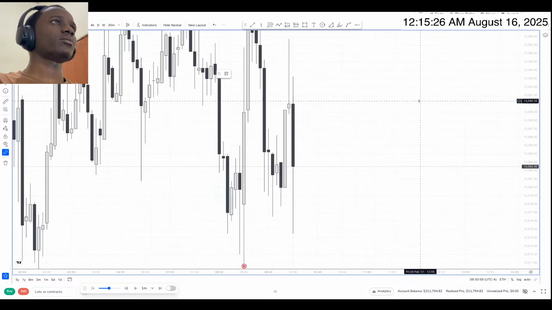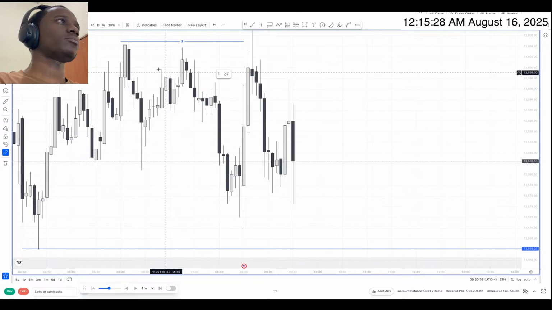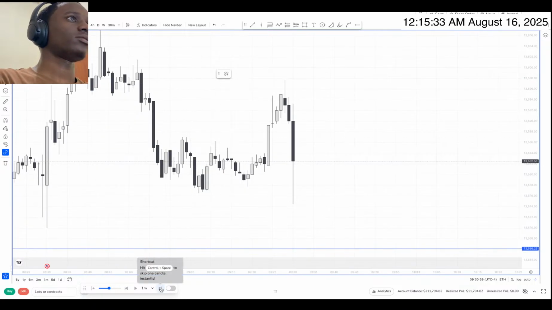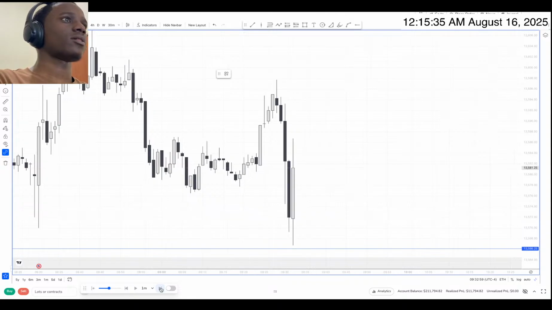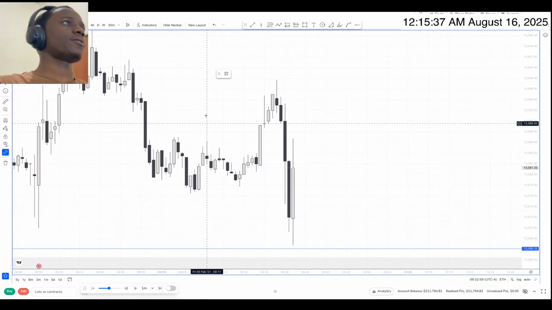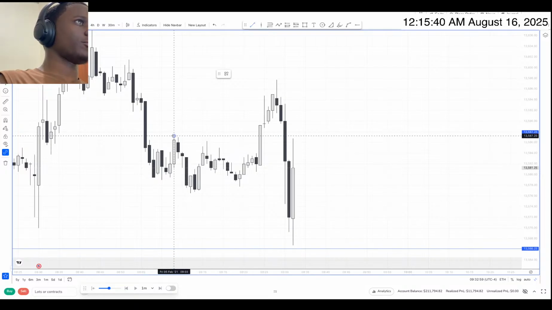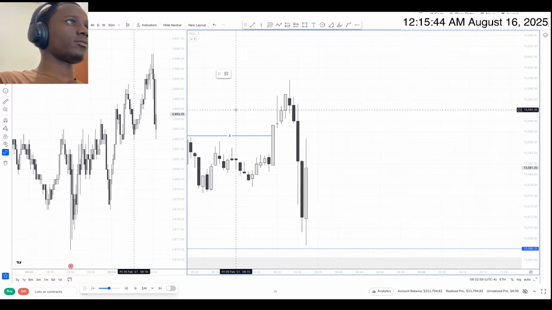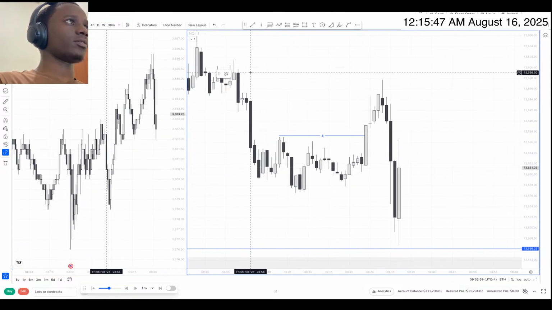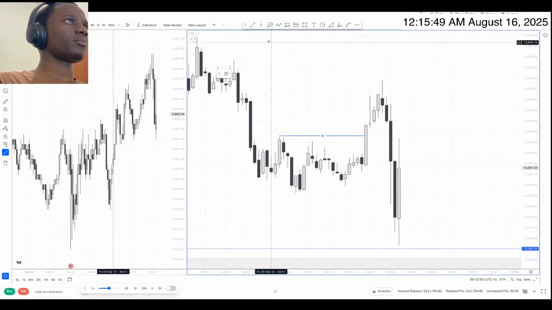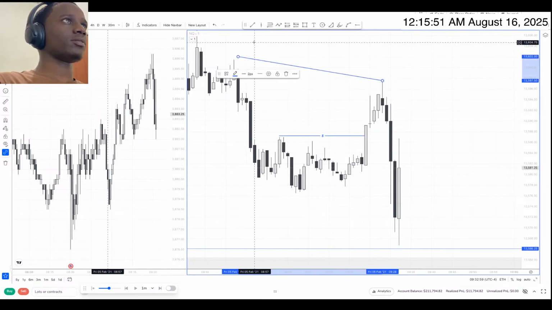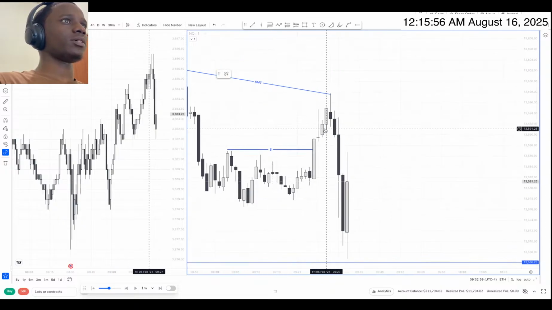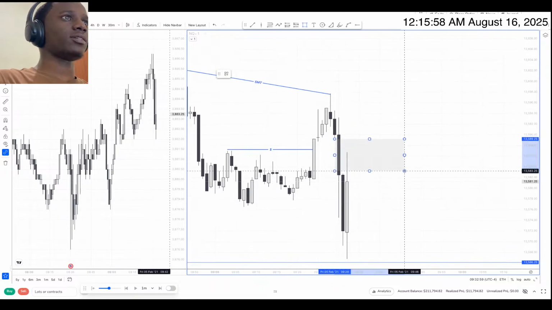How's the 5 minute looking? Yeah, we're respecting this gap, obviously. So here, you can see that we've swept out this high. Let's see how this is looking here. And about here, ES put in an SMT as well. I think it's not correlating. And here we have a nice, very valid gap.